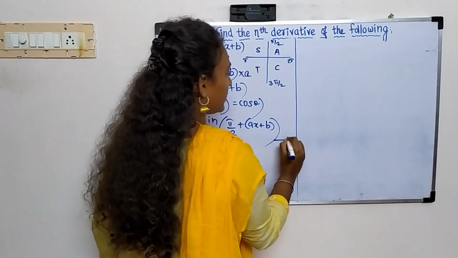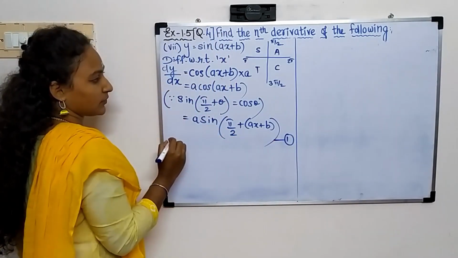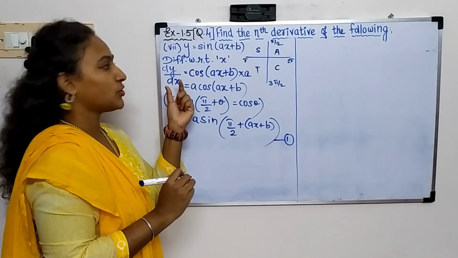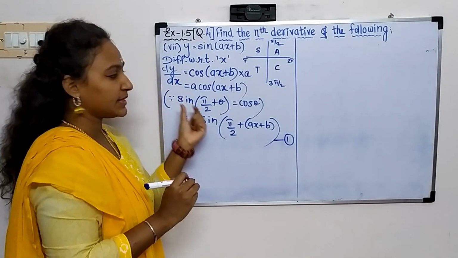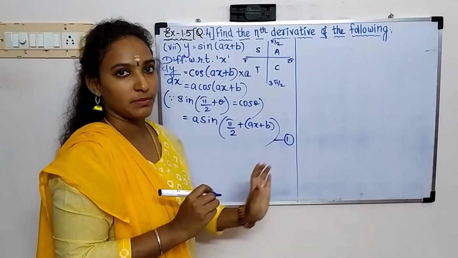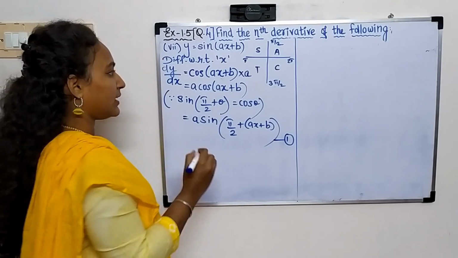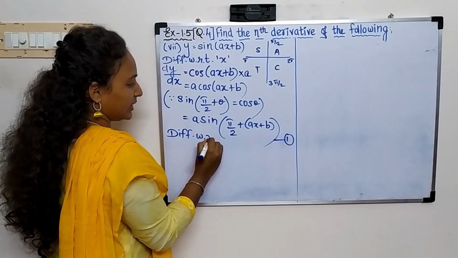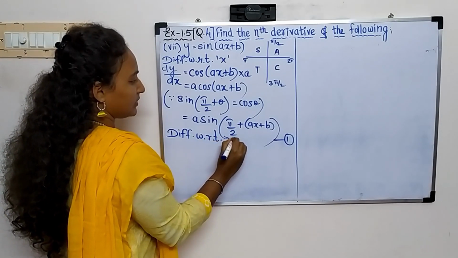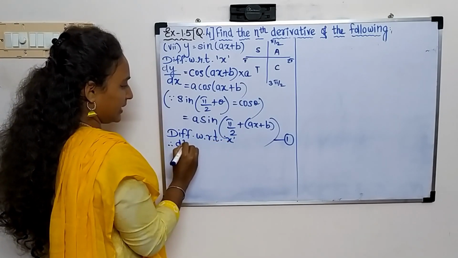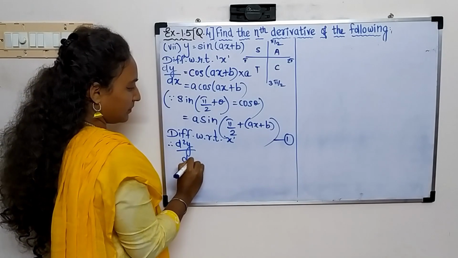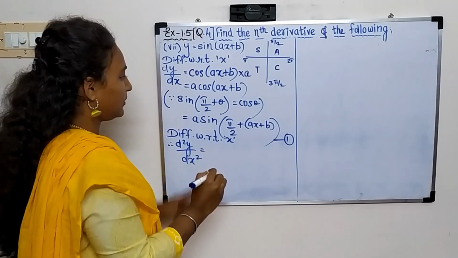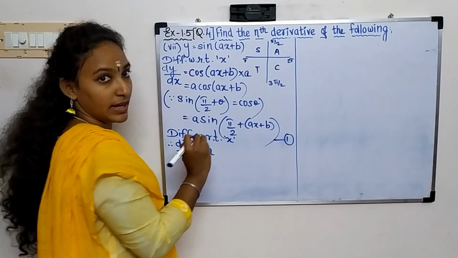Let this be equation number 1. So we have calculated dy by dx. Now calculate the second order derivative. Differentiate with respect to x. Therefore d square y upon dx square is equal to a will be as it is.